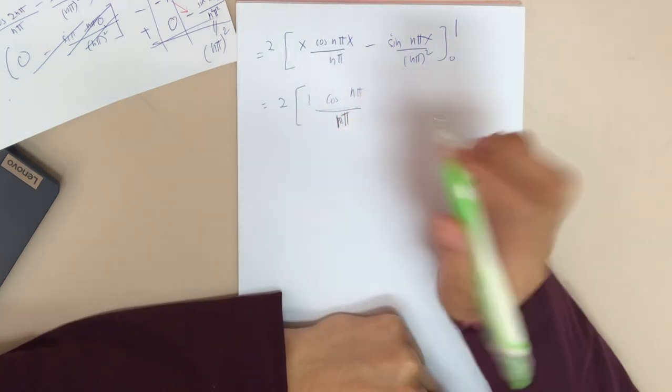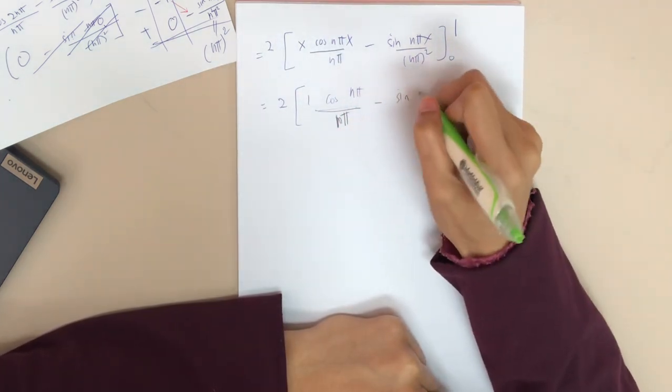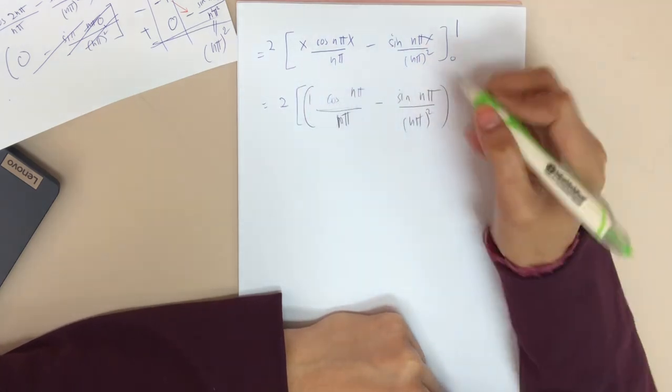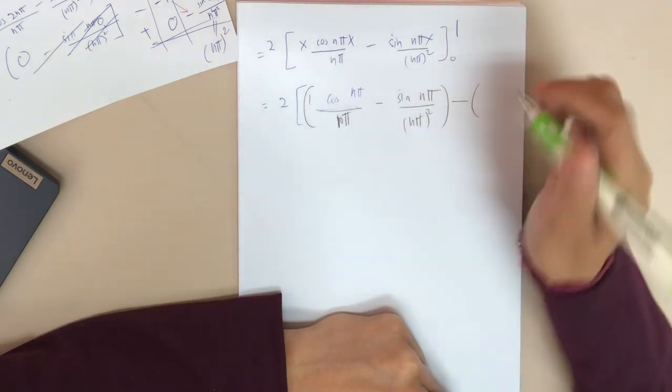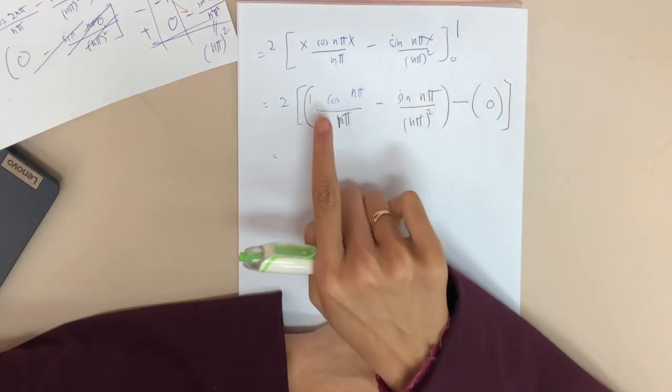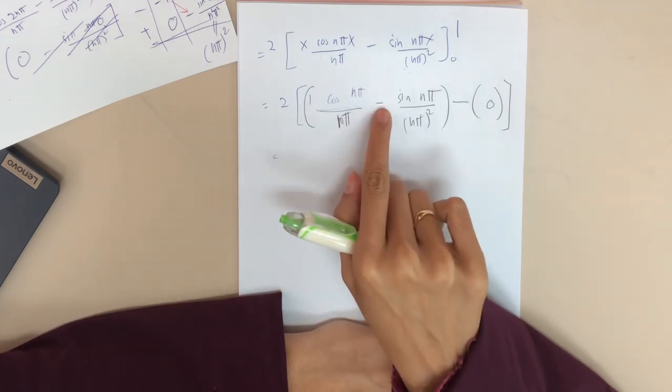Okay, cos n pi over n pi, and then minus sine n pi over n pi square. Okay, so this is the first one. Minus with 0. Okay, tadi pun kita dah tunjukkan, so kosong lah. Alright, so you just left with this one. Cos n pi over n pi, and then negative sine n pi over.